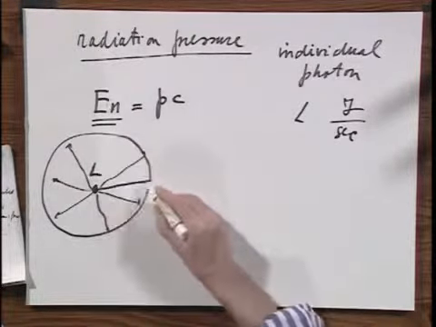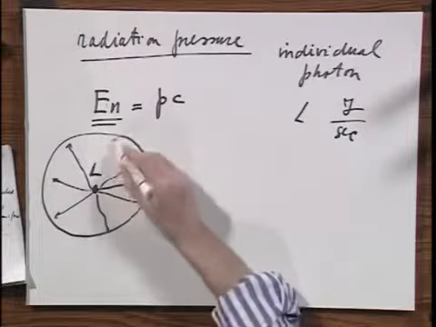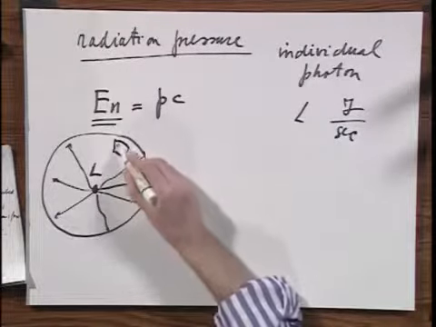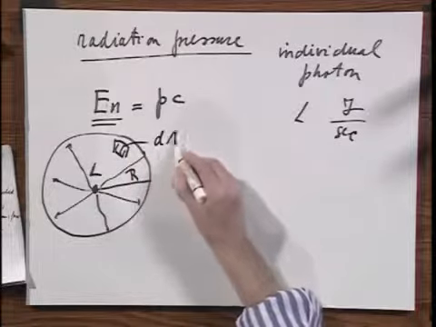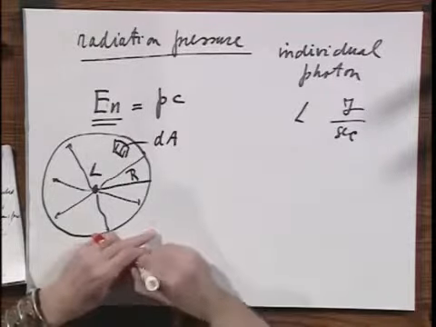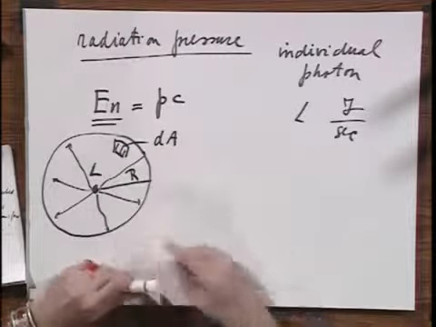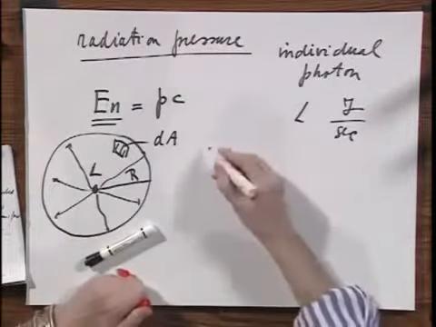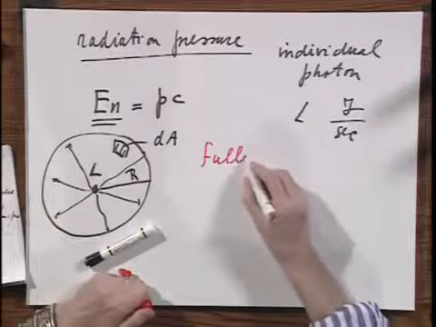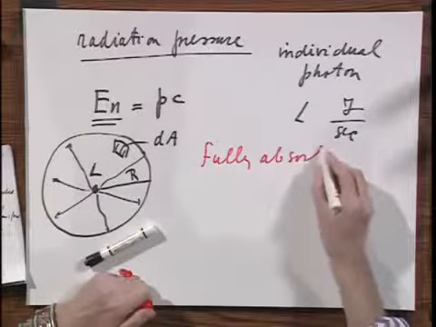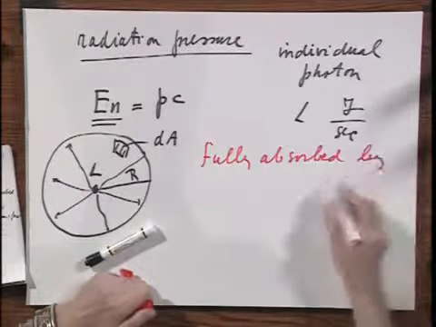And at a distance r, which is a sphere, there is a little element dA. And these individual photons hit this little element dA. They are, in what follows, fully absorbed by that element dA.